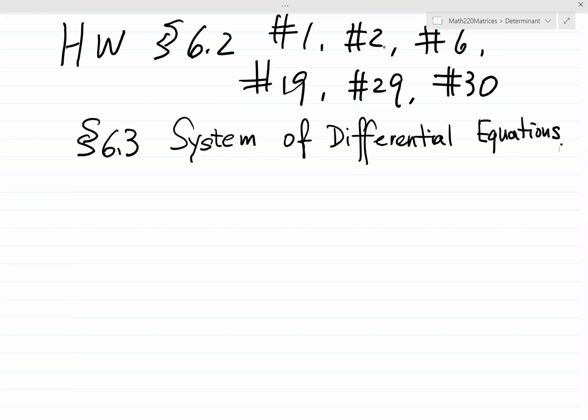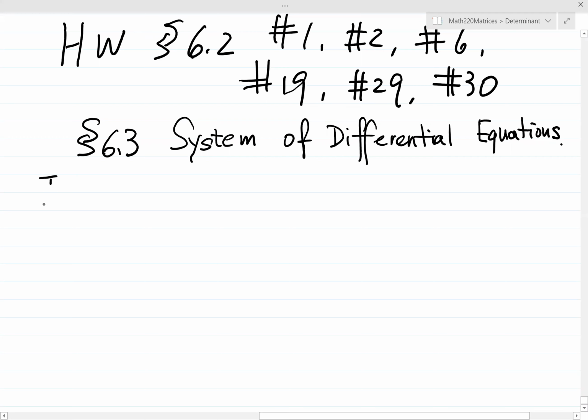Now the idea is, in physics, we have a lot of differential equations. We want to know how a certain quantity changes with respect to time. How a quantity changes, this is the derivative.